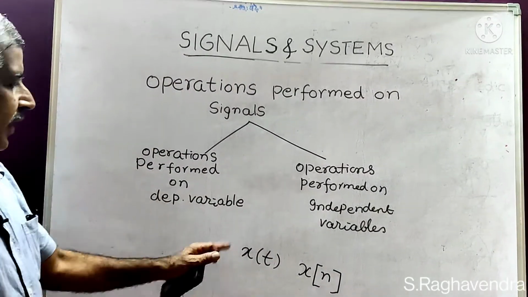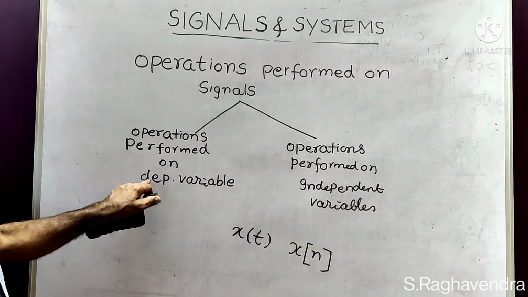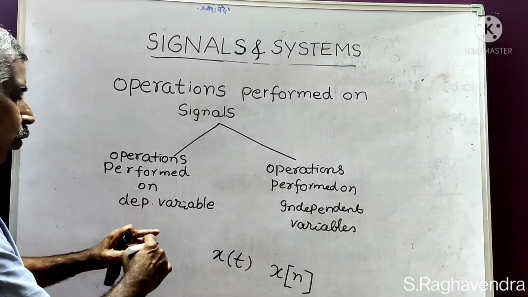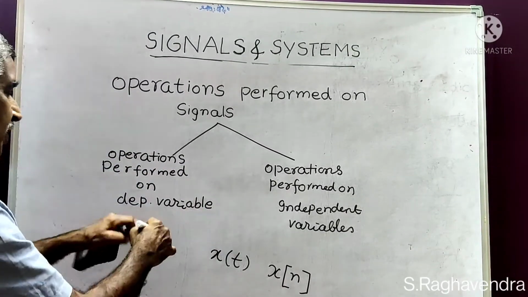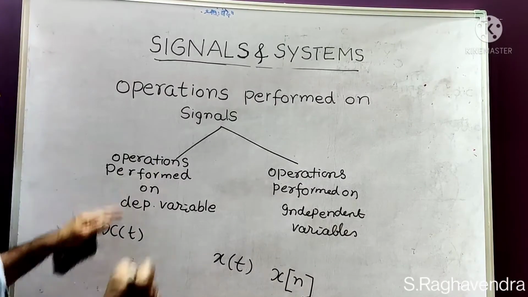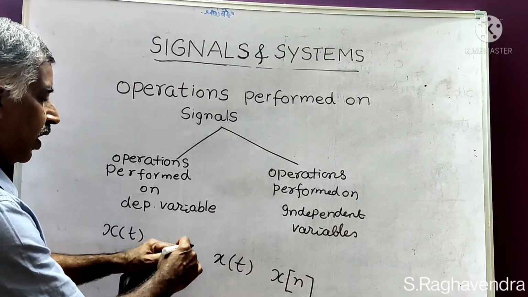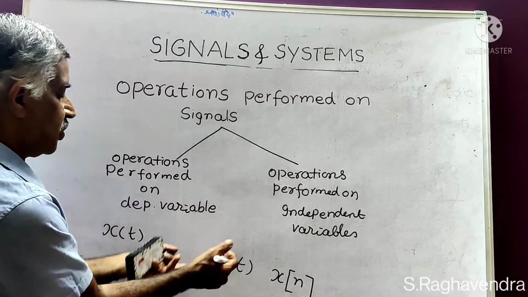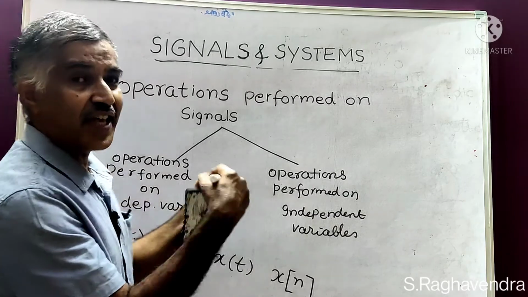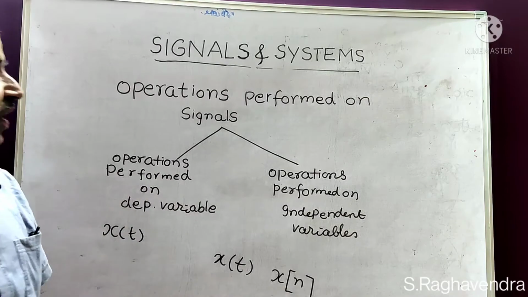Operations performed on the dependent variable means operation performed on the whole of x, that is, the whole of x(t) or x(n).